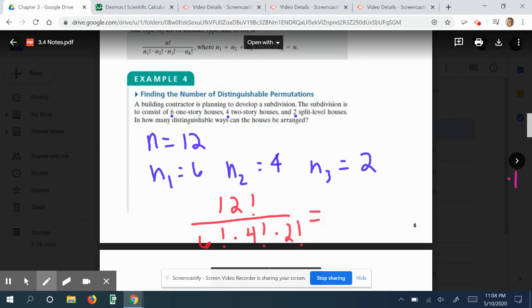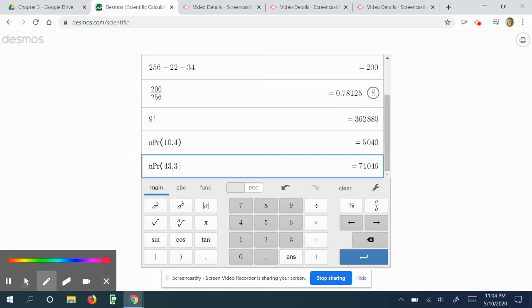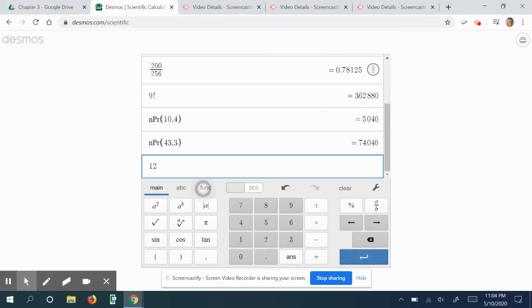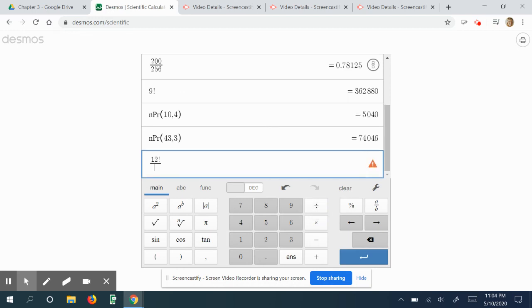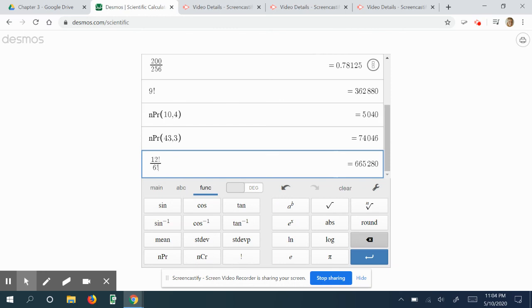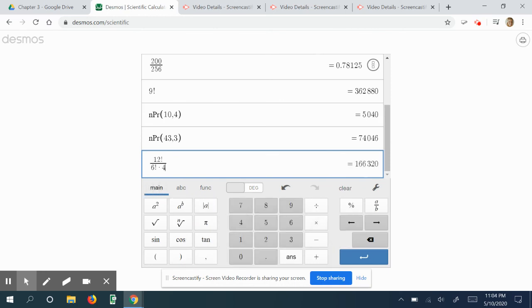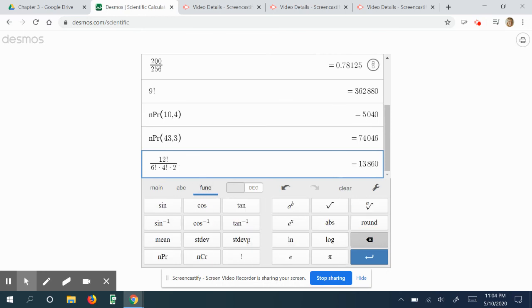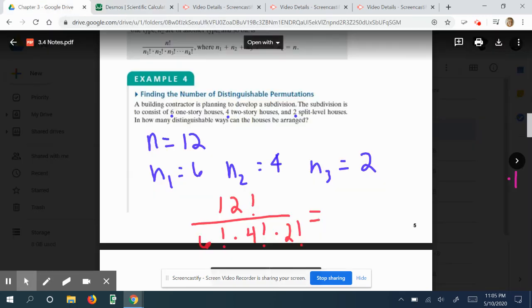And so we can go to our calculator and figure this out. 12 factorial divided by 6 factorial times 4 factorial times 2 factorial ends up being 13,860. So, although there are only 3 different types of houses, there are over 13,000 different ways to arrange those houses.